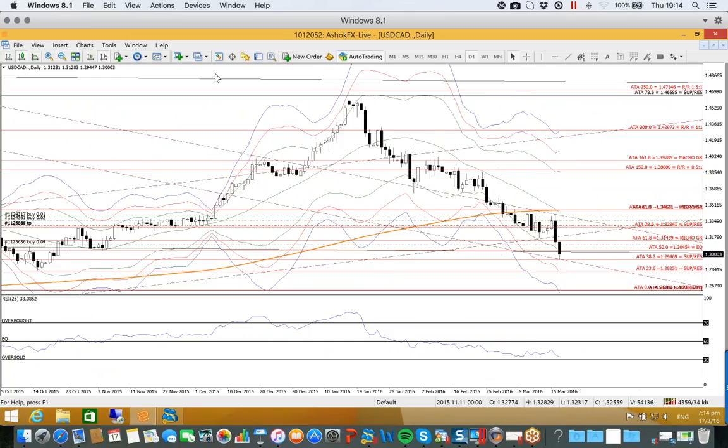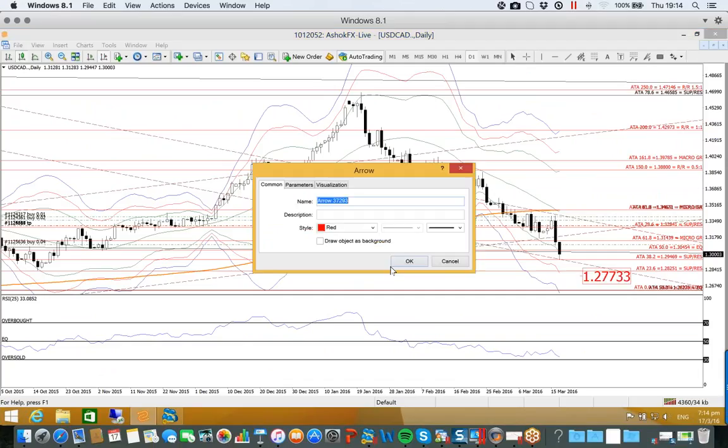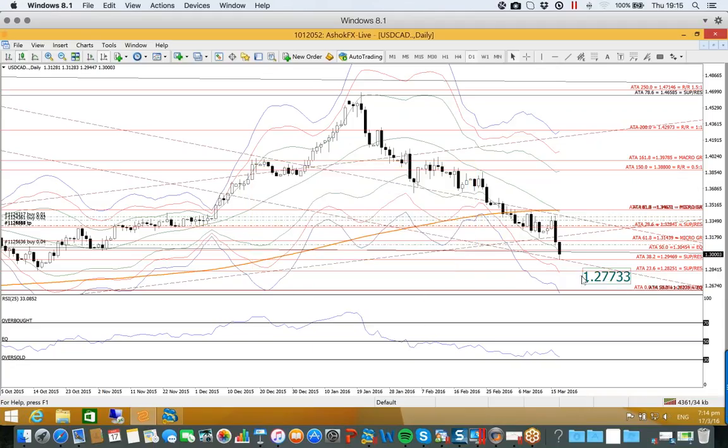I'm going to do a buy limit. This is a manual order, remember. I'll do a buy limit again. This will be a green. I'm going to do a buy limit here, exactly on 38.2, which is 129.50.